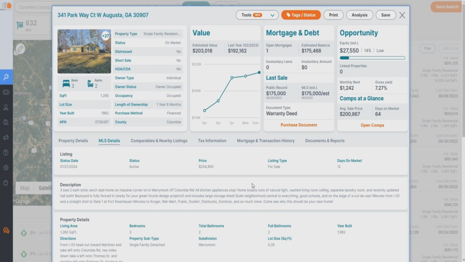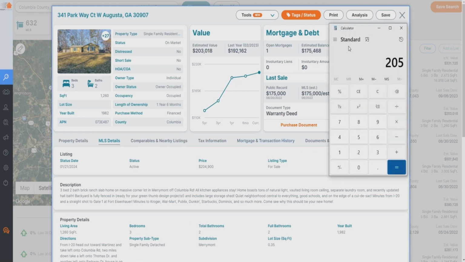This one here looks like it would be extremely suitable. So if we take 205, which is essentially the list price here, take away 175,468, and you have about $30,000 of equity according to the current list price.